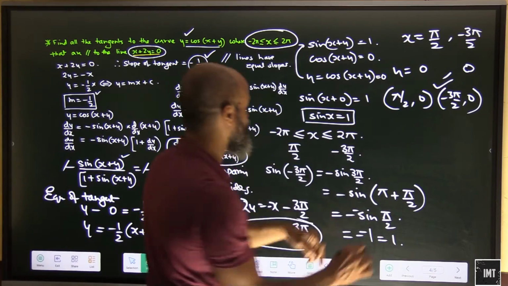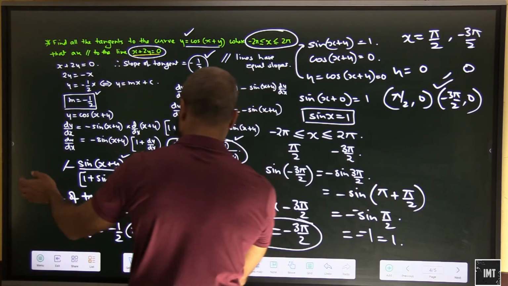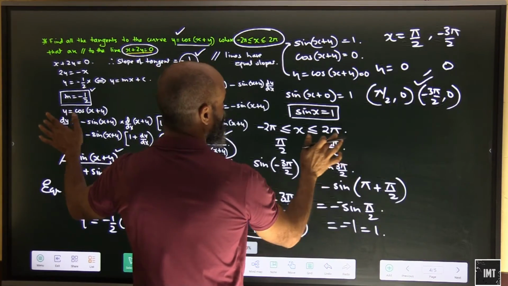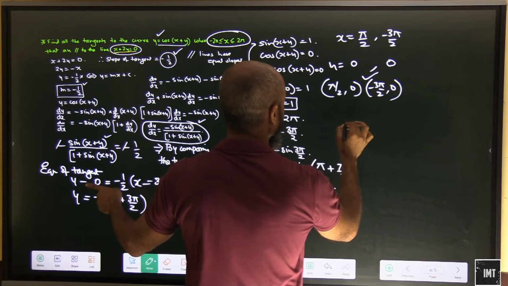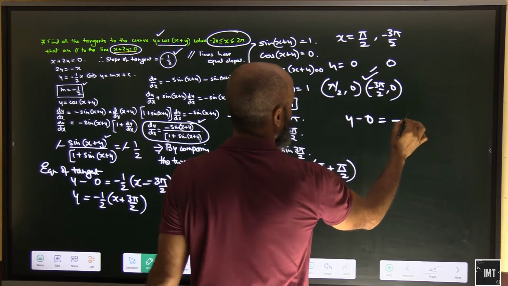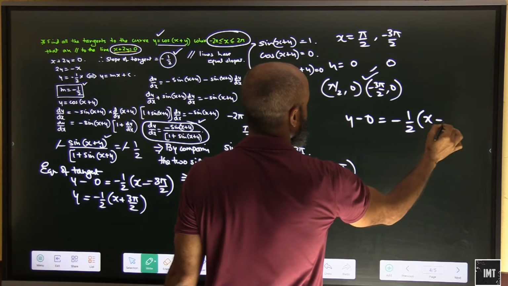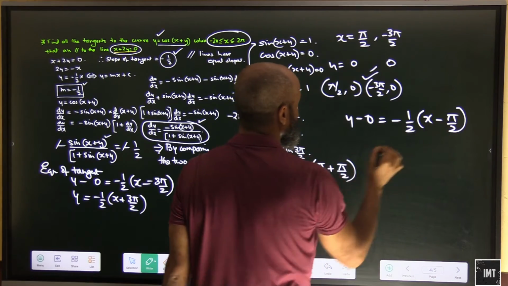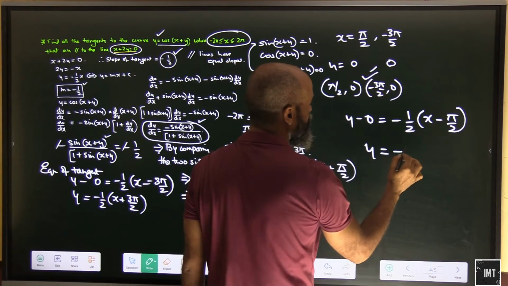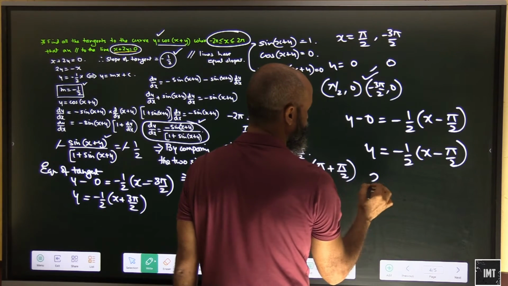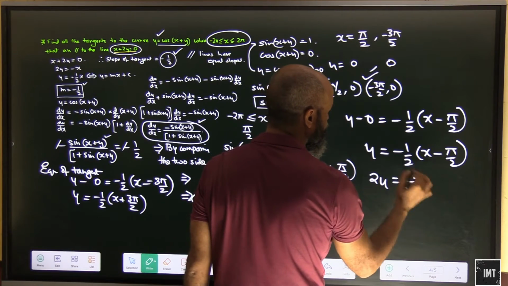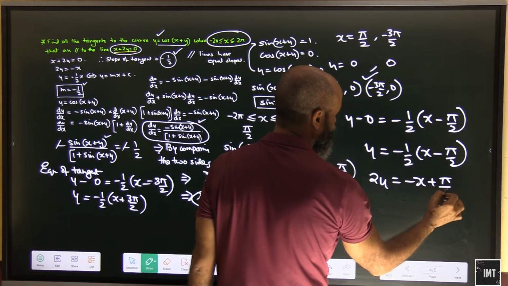What will be the value of this one? So again we have here y minus 0 is equal to minus half into x minus pi by 2. So this will be y is equal to minus half x minus pi by 2. So this will be 2y is equal to minus x plus pi by 2.